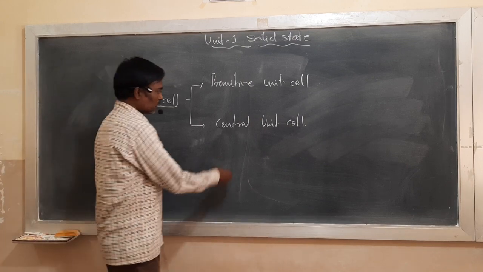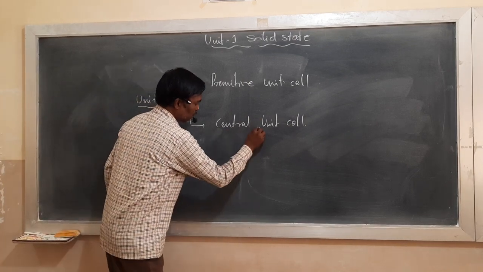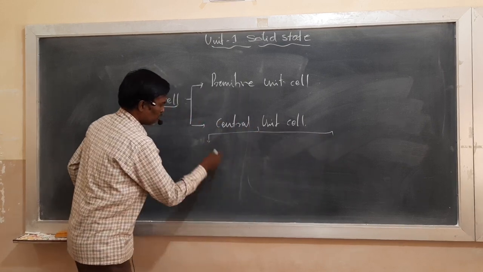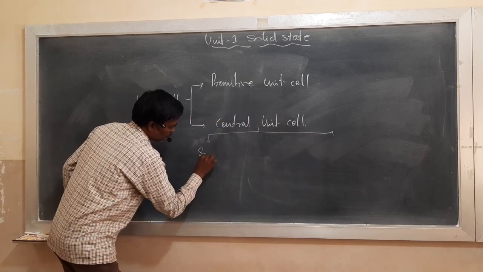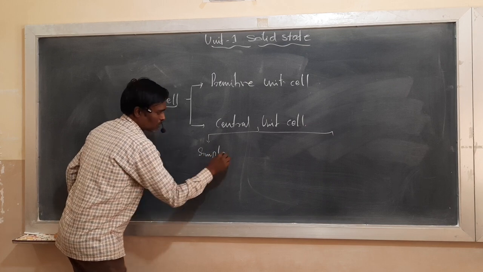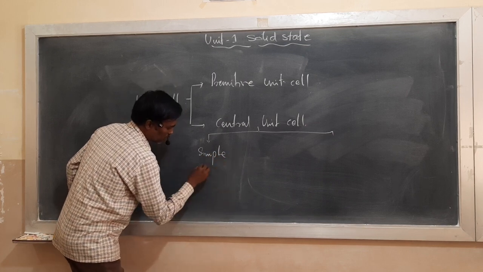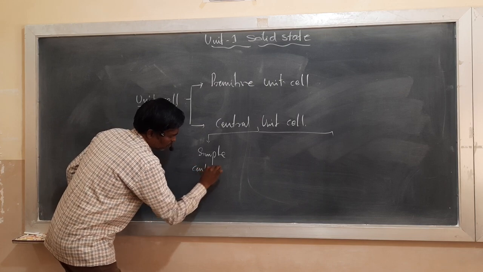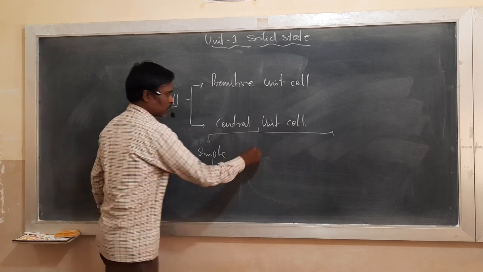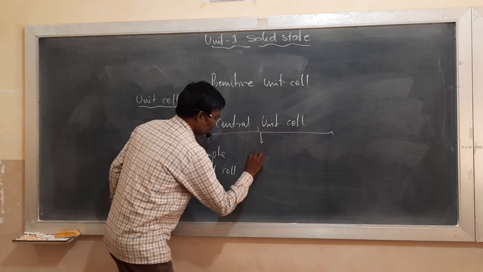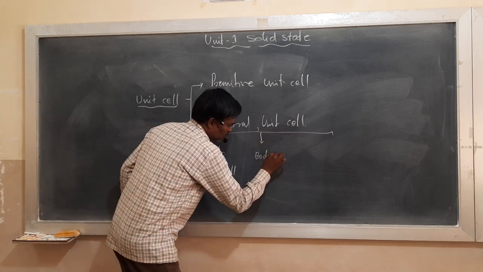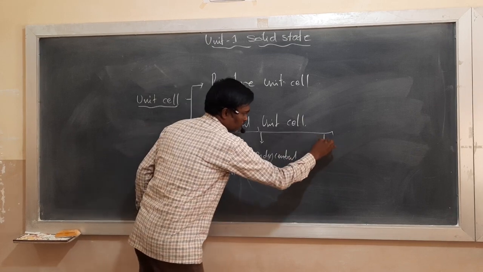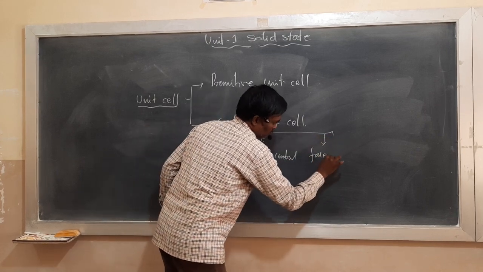Okay. The centered unit cell is again classified into three types. One is the simple centered cell or simple cubic cell. Second one is the body centered cell. Third one is the face centered cell.